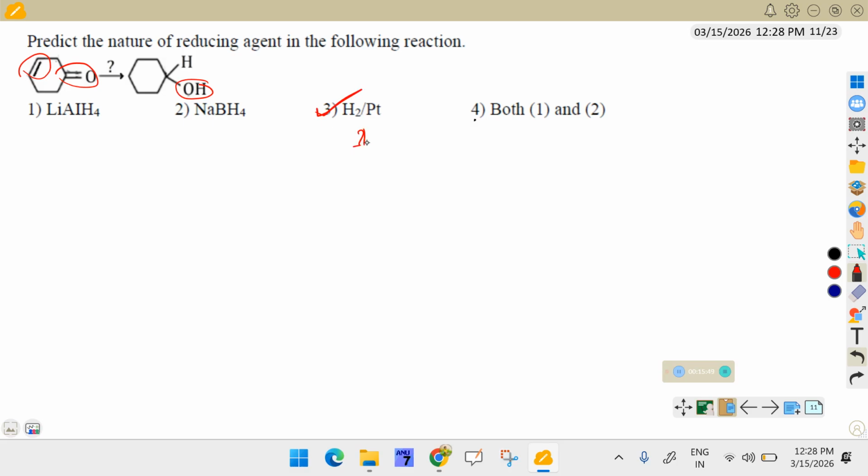So remember, nickel, platinum, palladium reduce alkene and carbonyl groups.